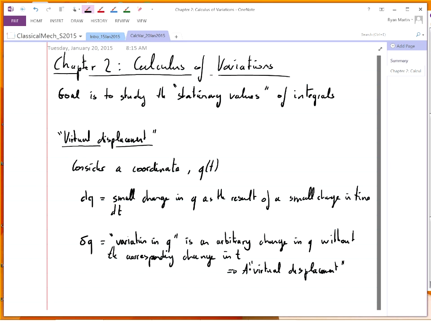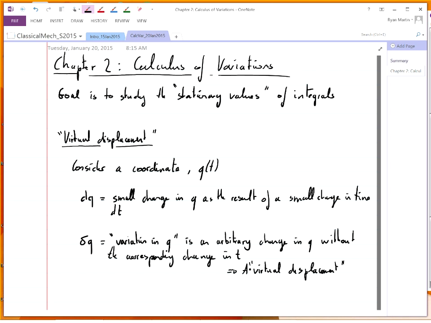So let's think of Q as describing, for example, the position of a mass on a simple harmonic oscillator. And so the equations of motion are given by the math of F equals minus kx equals ma, right? So the equations of motion predict a certain motion of Q as a function of t.